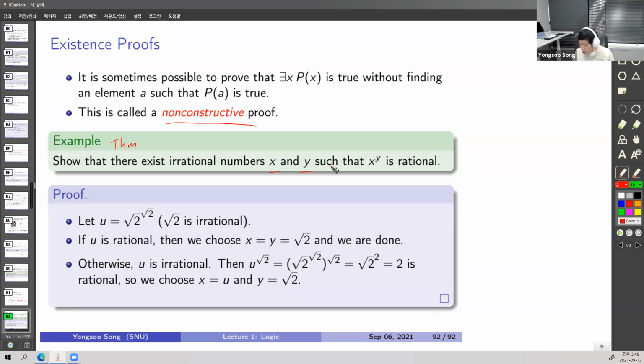So let's first consider the real number u, the square root of 2 to the power of the square root of 2. And we already proved that the square root of 2 is an irrational number, so I assume this property.